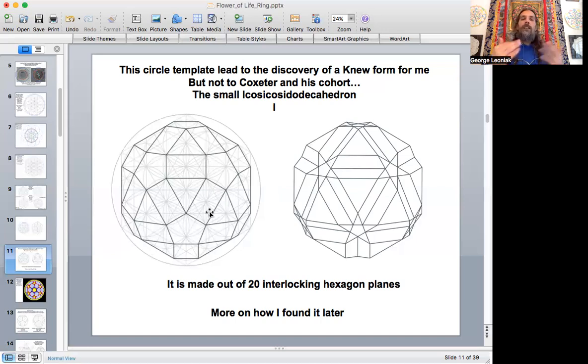But it really is part of a compound of 5 version. It's an icosahedral symmetry, but it's not a cuboctahedron at all. But from a 2-dimensional perspective, you can look at just this portion of it and easily make that into a cuboctahedron, just the center portion with a regular hexagon, equilateral triangle. It's all right in there in the original Seed of Life drawing.